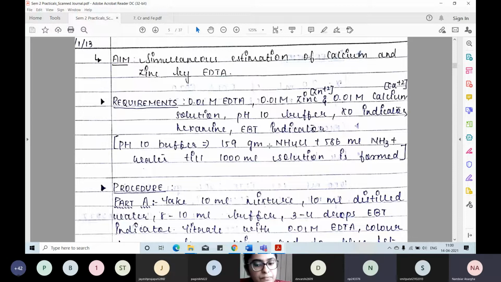When we added EDTA for titration, which one is liberated first? कैल्शियम और जो ईबीटी का जो बॉन्ड है वो फर्स्ट ब्रेक होगा, या जिंक और ईबीटी का?